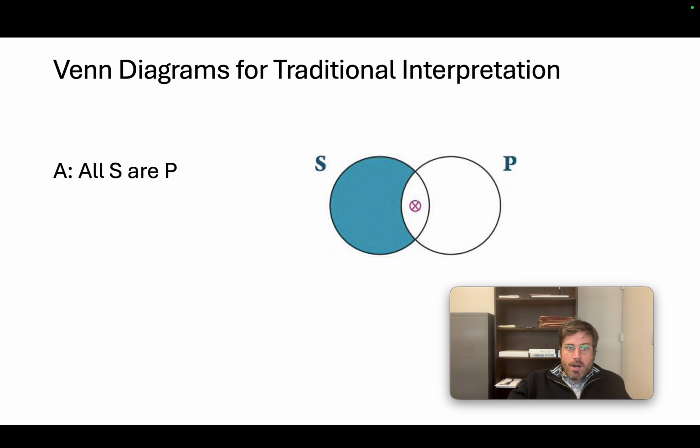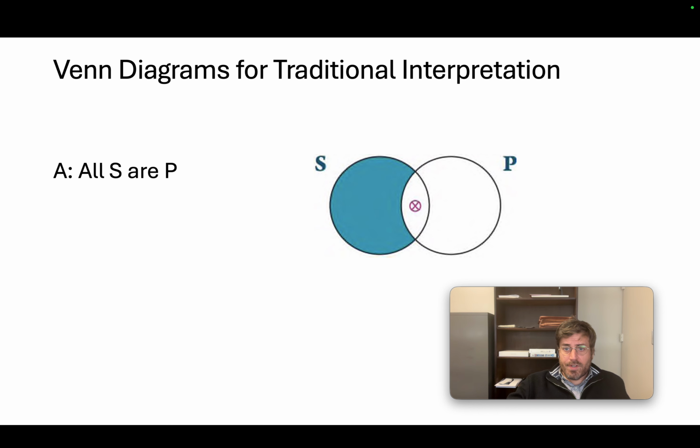So this is what our A propositions are going to look like on the traditional interpretation of logic. Remember, the A proposition is our universal affirmative, all S are P. And so, like the modern interpretation, we're going to use shading in region 1 to indicate that there is nothing out here in region 1 in the subject class that is totally apart from the predicate class.